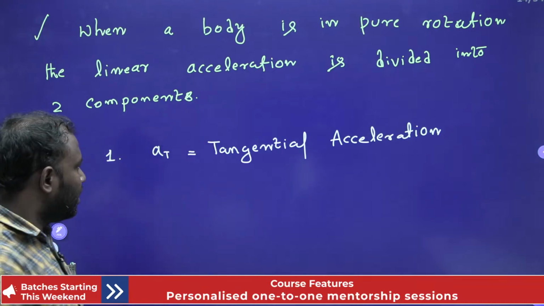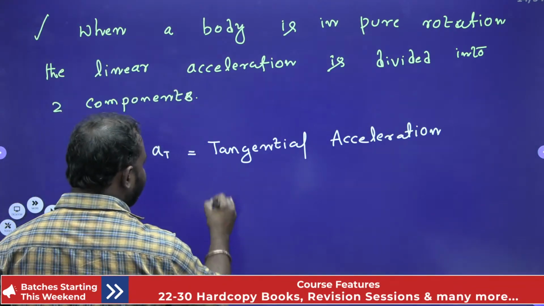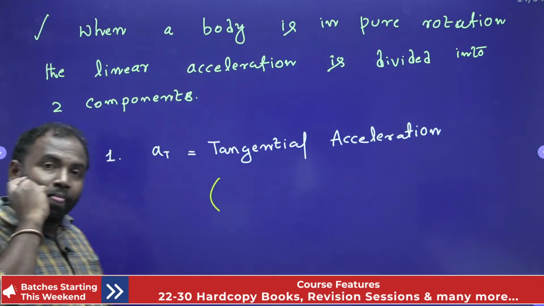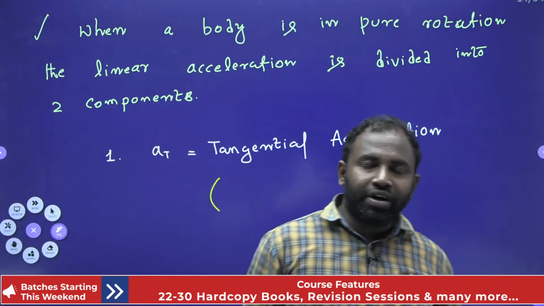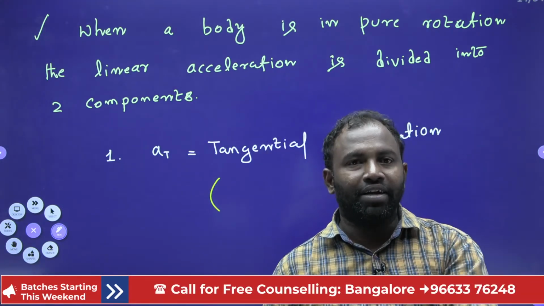Now tangential acceleration is the cause for the change in magnitude of velocity. So AT is the cause of the change in magnitude of velocity.